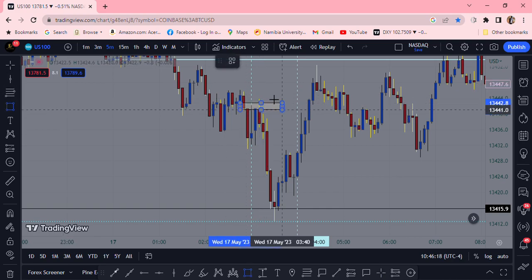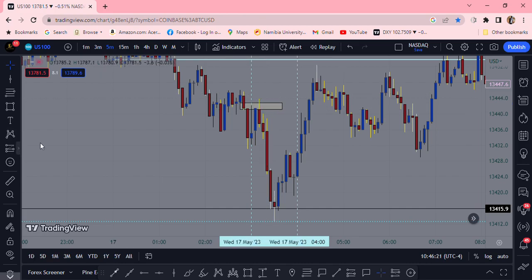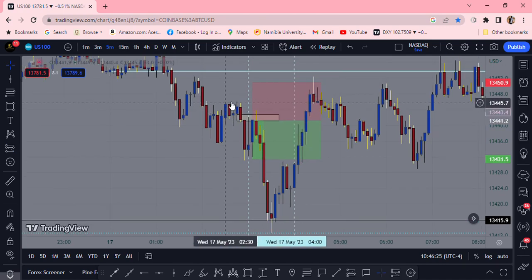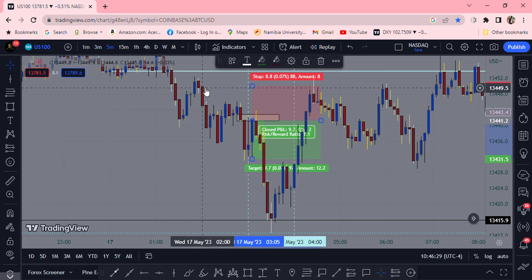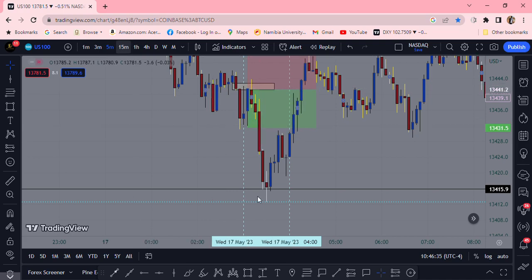So I would have entered the short entry here. And where's my stops? My stops is just on this. It could be the high here or this candle's high here. And then where do you target? The lows to be taken out.